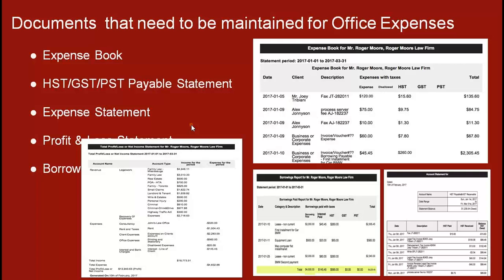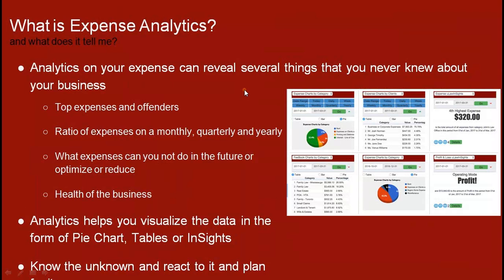The HST statement itself, or tax statements. That's another important document for your office, which, as I just mentioned, outlines whether you owe the government tax or whether the government owes you HST back. The total overall expense statement, profit and loss, etc. So these are just some of the types of documents that you will come across as you capture expenses for your business.